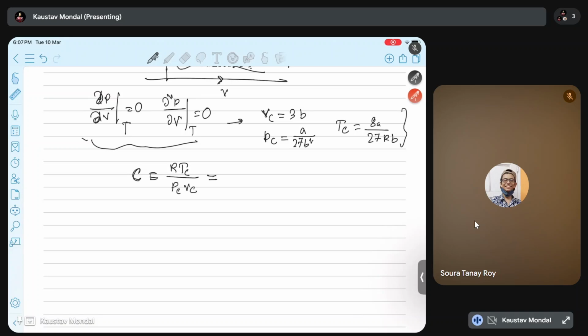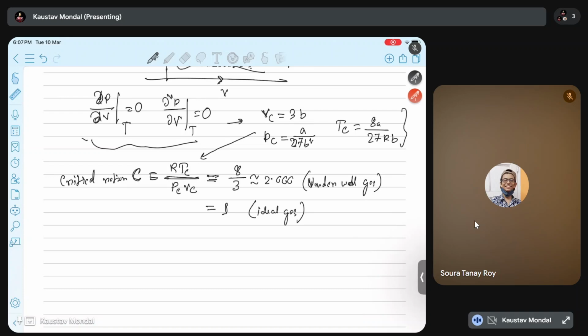For the van der Waals gas, if you put in all the values of the critical parameters here, you will get the value of the critical ratio as 8 by 3, which is roughly 2.666. This is for the van der Waals case, and for the ideal gas it was 1.